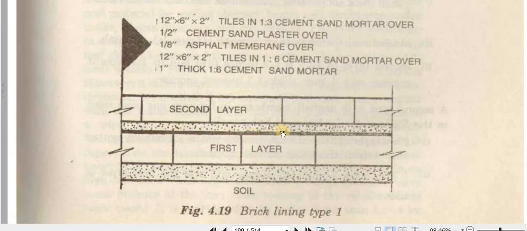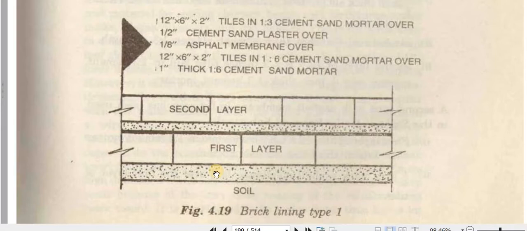This black line is laid over the tiles, which have the same dimensions, but their mortar is 1:6, 1 cement and 6 sand. These tiles are prepared, and below the tile there is 1 inch thick 1:6 cement sand mortar.